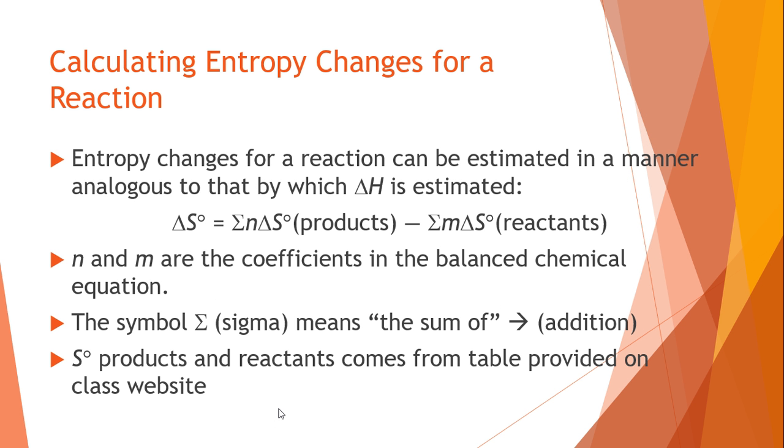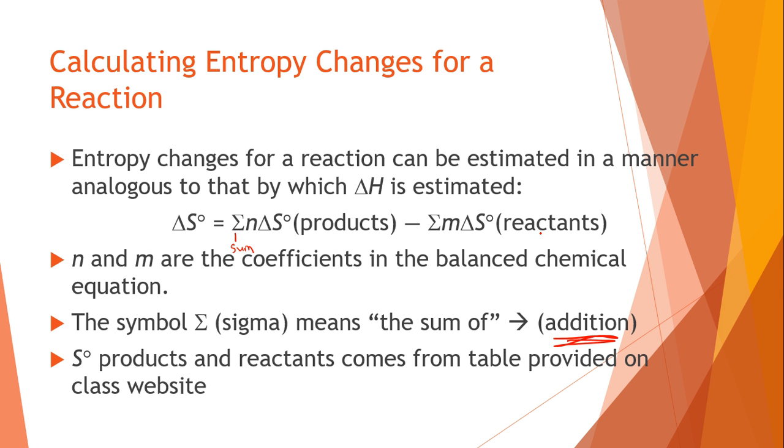So how do we calculate entropy change for reactions? Well, entropy change for a reaction is calculated the same way as the delta H values that we did in the last chapter. Delta S, the change in entropy, is equal to the sum, sigma, of your products minus the sum of your reactants.